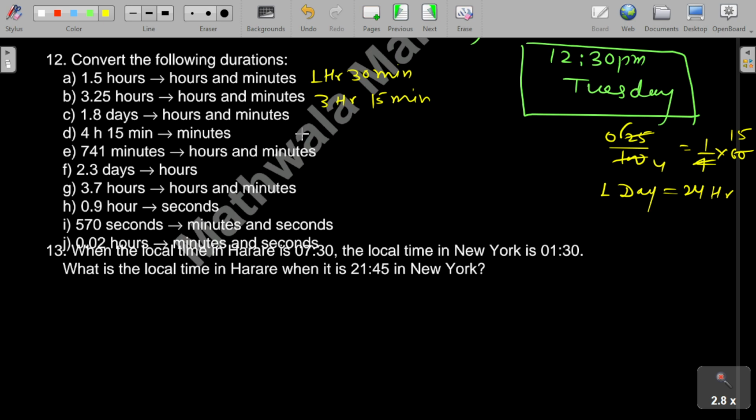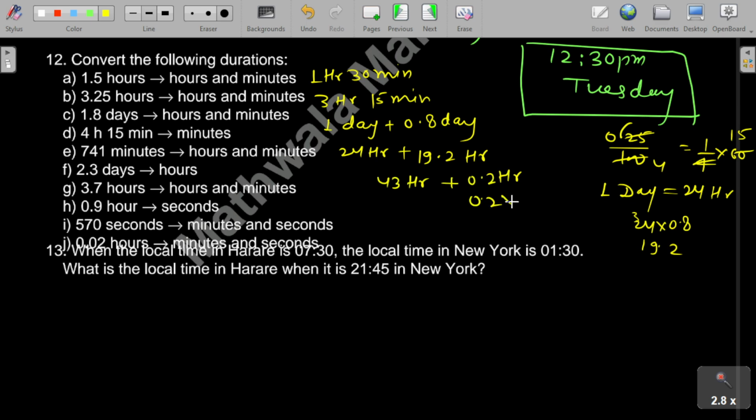So 1.8 days is 1 day plus 0.8 day, which is 24 hours plus 0.8 into 24, which is 19.2 hours. 24 plus 19 is 43 hours plus 0.2 hours, and we can multiply 0.2 into 60 minutes.